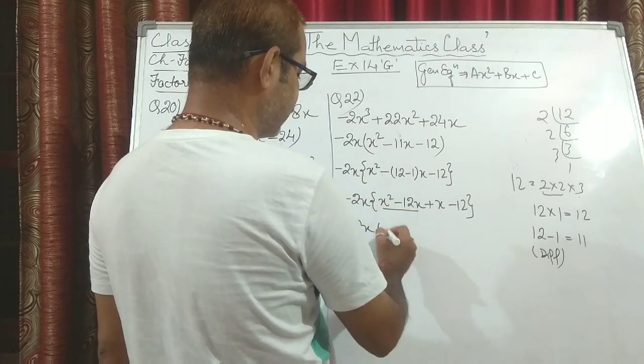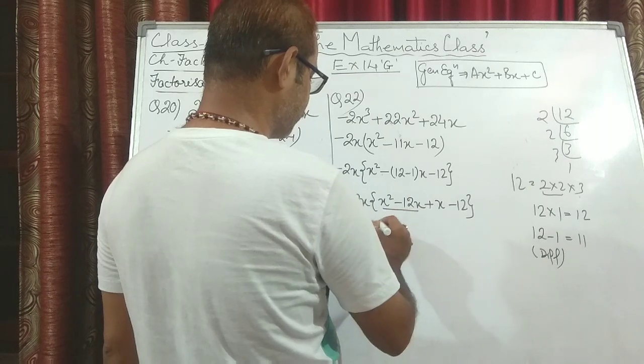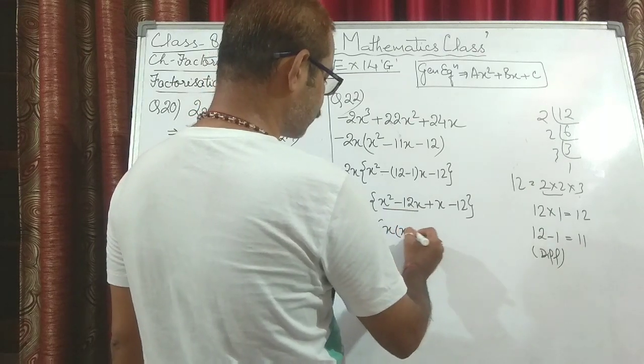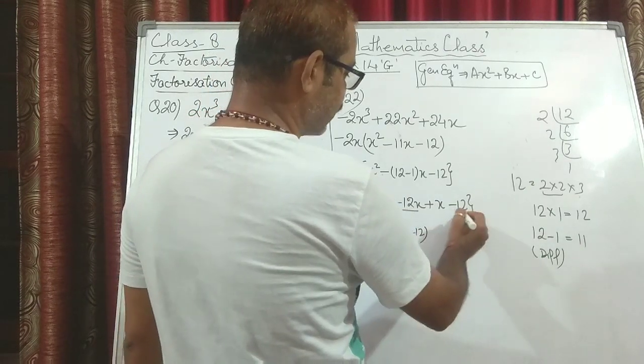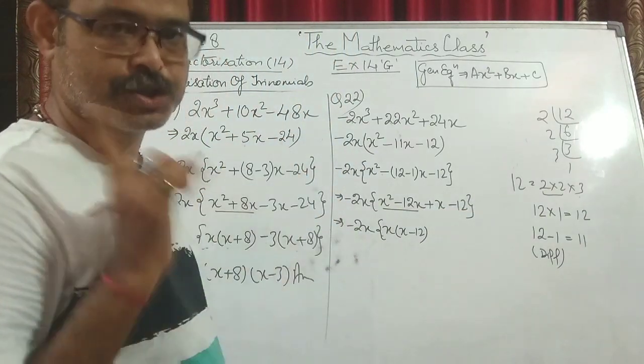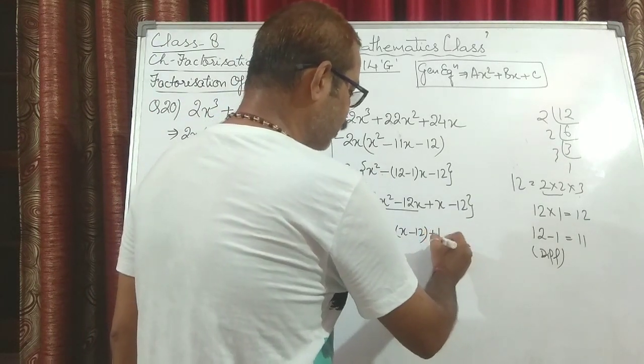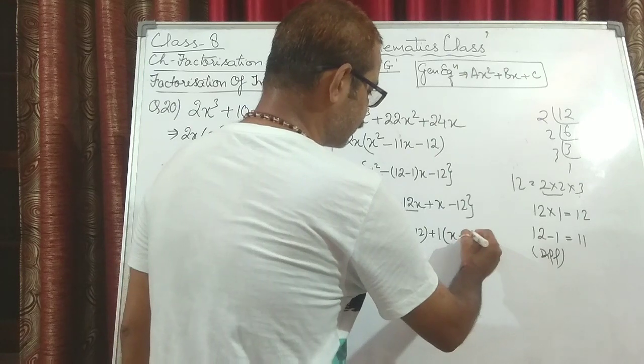From these two we can take x common. What is left? From this we are left with x minus 12, and from here nothing is common. So in the previous question I told you that if nothing is common, at least you can take 1. So we are taking plus 1 common, and what is left? x minus 12.